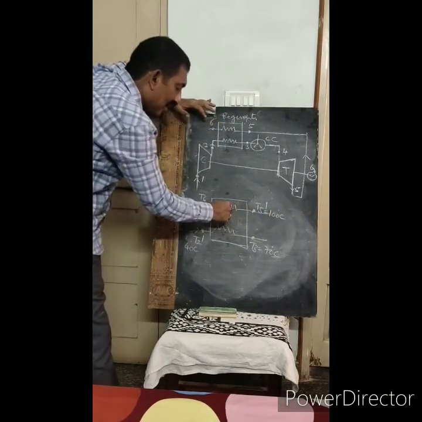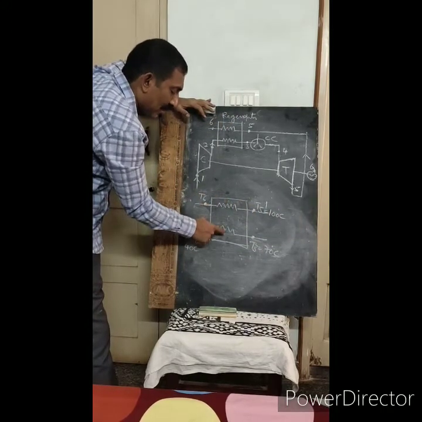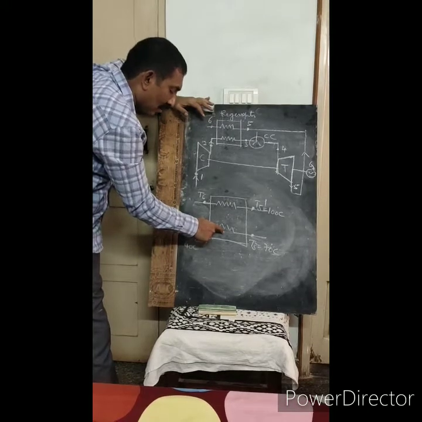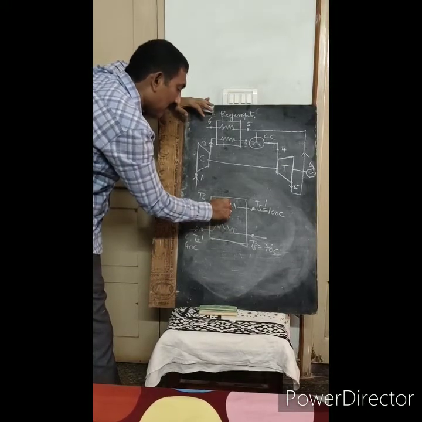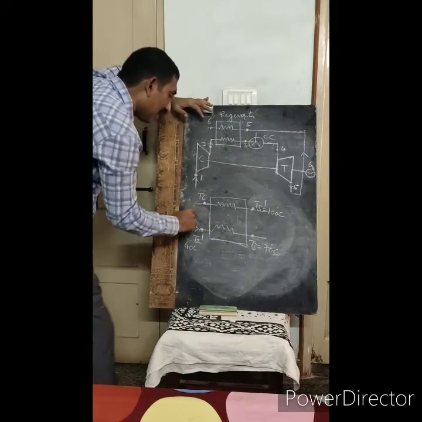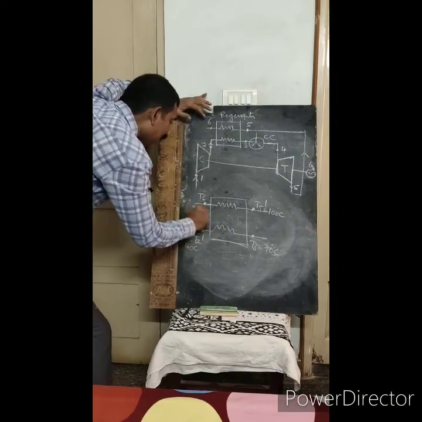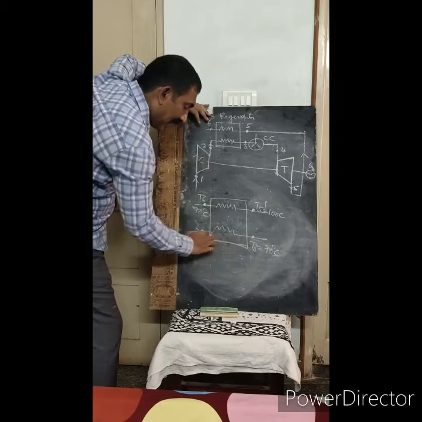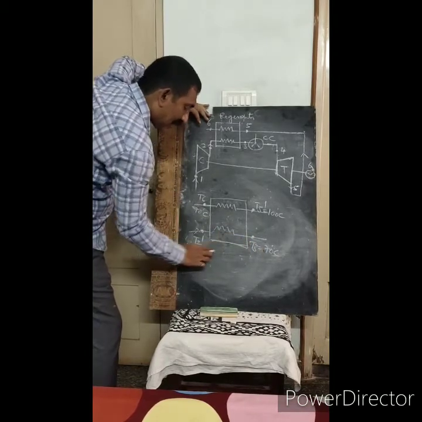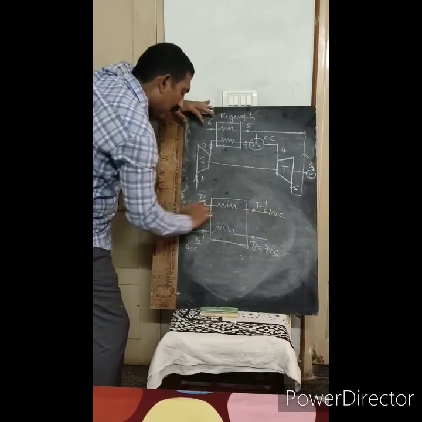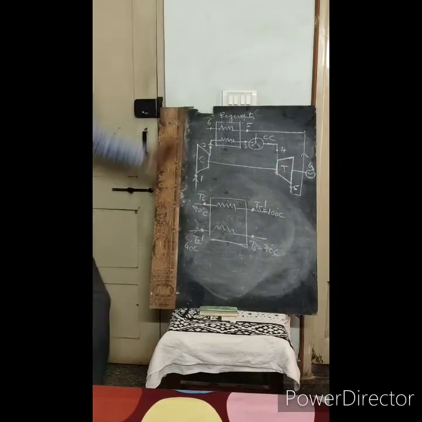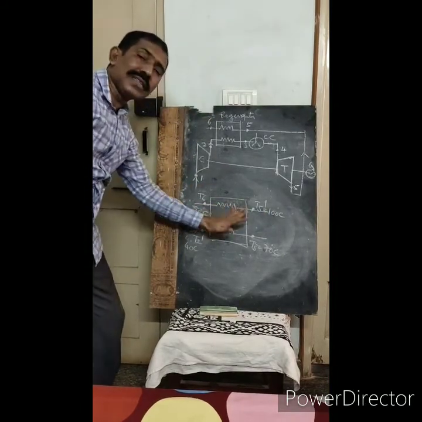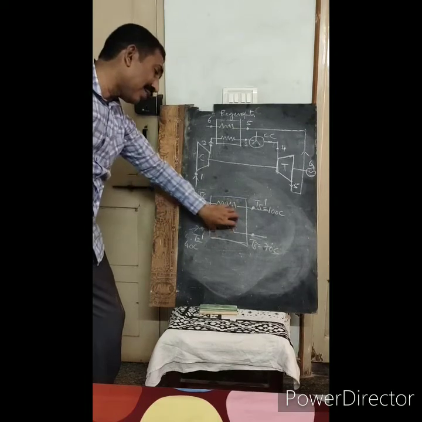When they enter the regenerator, they reject their heat to the compressed air, so their temperature is decreased. Assume that it is 70 degrees centigrade. So the temperature difference here is just 70 minus 40, 30 degrees centigrade. Here also 100 minus 70, 30 degrees centigrade. This is the actual amount of heat transfer.